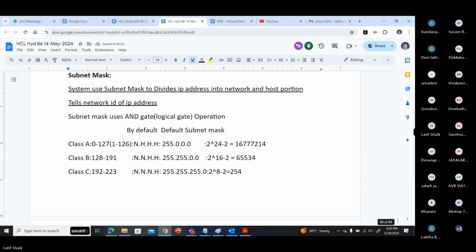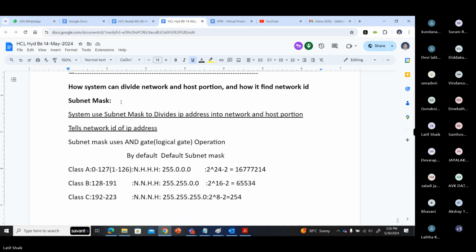Your system uses the subnet mask. The system uses a subnet mask to divide the IP address into network and host portions, and it tells the network ID of that IP address based on the subnet mask.